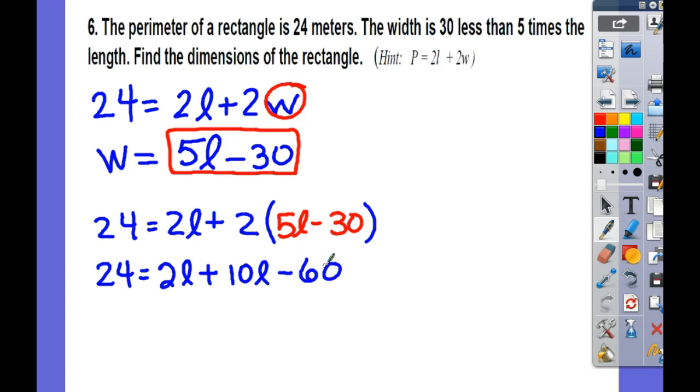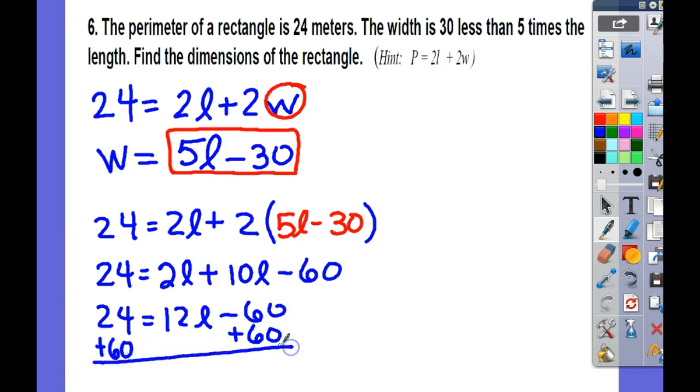And so I am going to combine like terms. I'm going to add 60 to both sides.